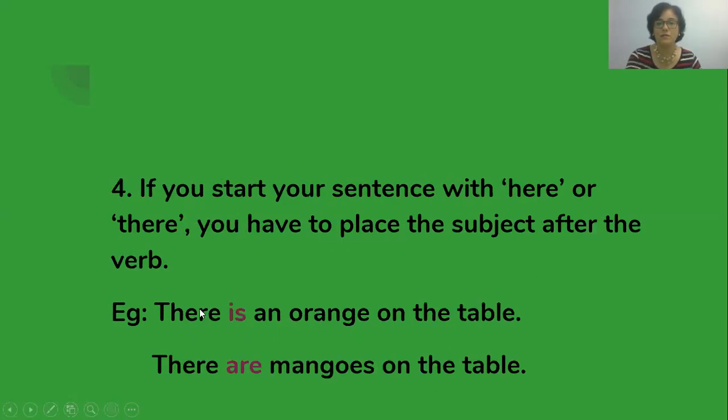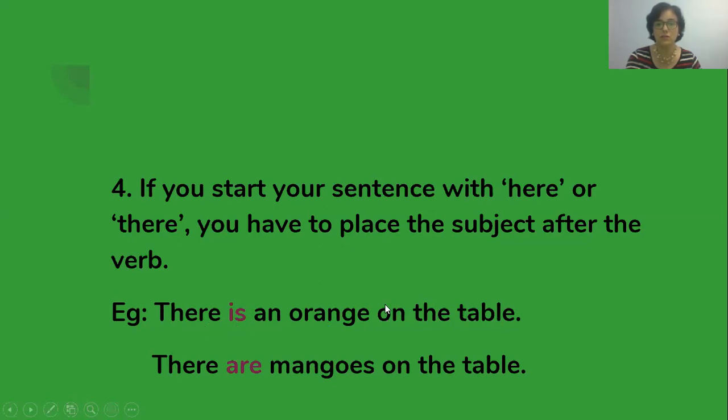The fourth rule. If you start your sentence with here or there, you have to place the subject after the verb. So here's the subject. In this case, an orange, and in the second case, mangoes. Now we are not starting the sentence with the subject because we are starting the sentence with there, or in some cases maybe here. So this is the sentence, there is an orange on the table.